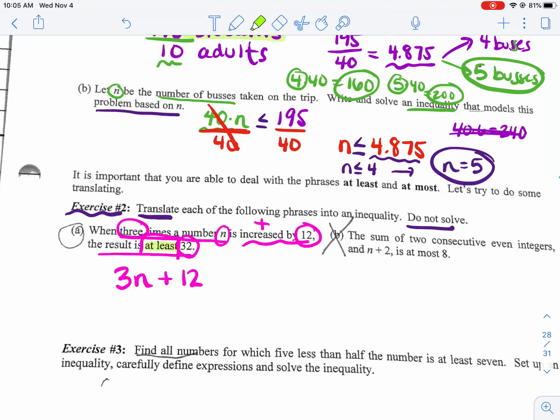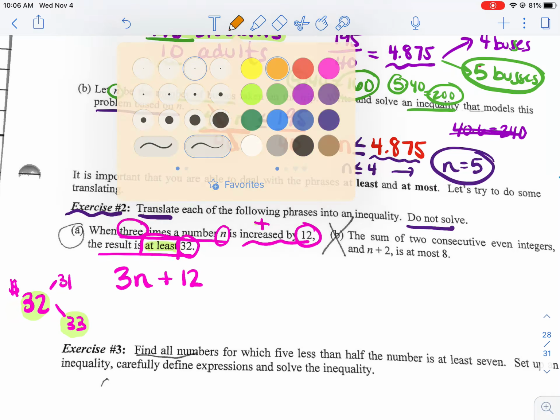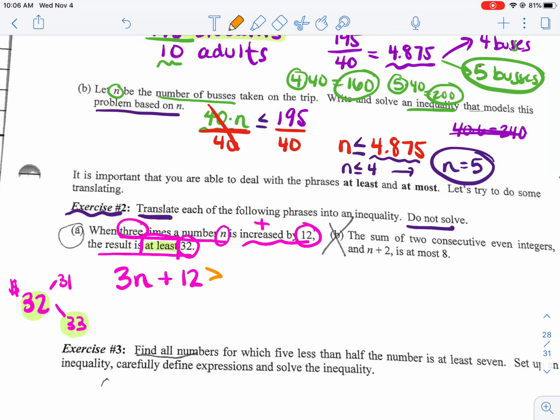If I have at least $32, does that mean I have more than 32 or less than 32? At least means I probably have 32 or above. So we want to make sure that the result is greater than or equal to 32.